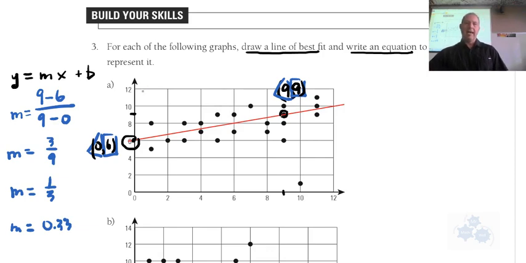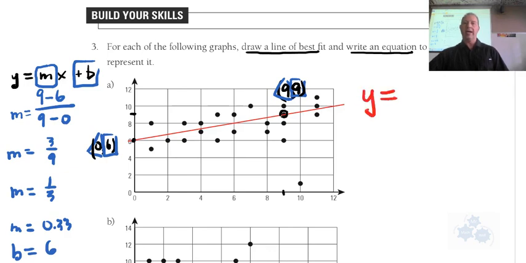Okay. And then my y-intercept is 0, 6. So guess what? My b value is 6. So I'm going to put 0.333 in there, and positive 6 right there, and that's going to be my equation.